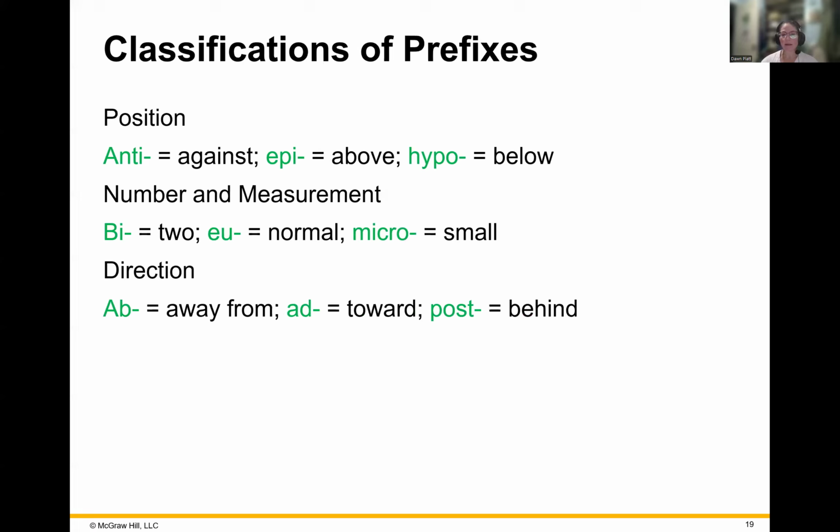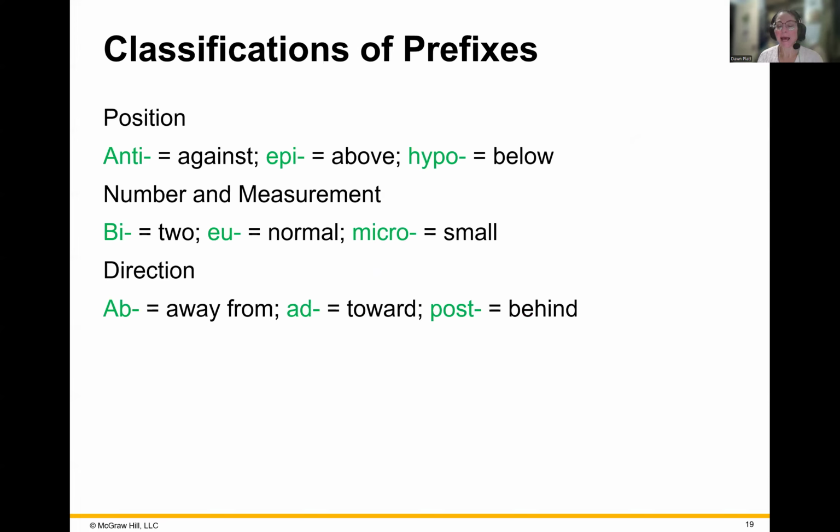Let's take a look at the classification of prefixes. There are different classifications. Again, I don't need you to know which classification the prefix falls into. I just need you to identify the prefix and then know what its meaning is. So here we have several.